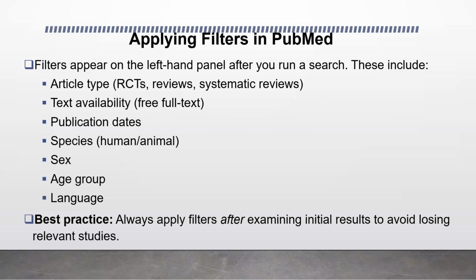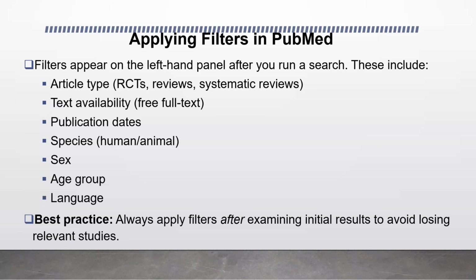In PubMed, you can also apply filters. Filters appear on the left-hand panel after you run a search. After you have run your search, you will see these filters on the left-hand panel of the PubMed interface.